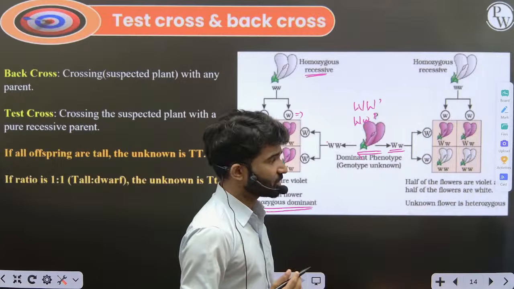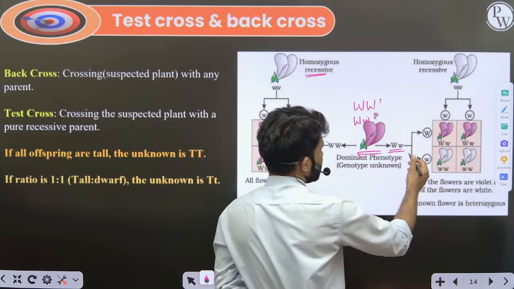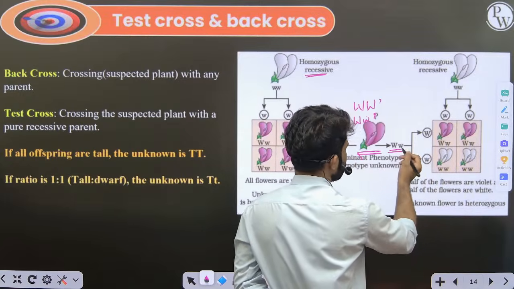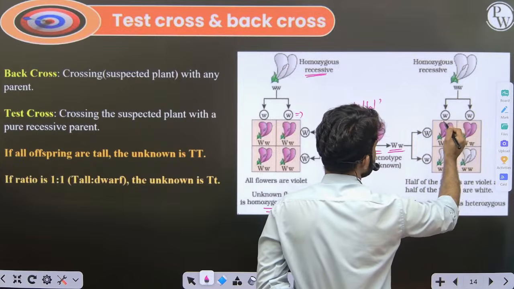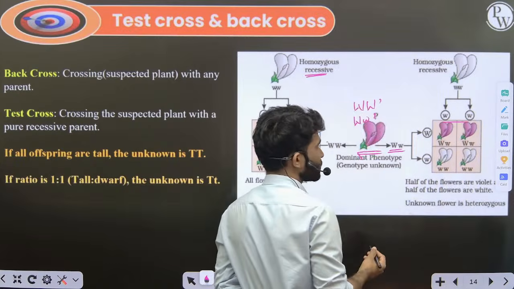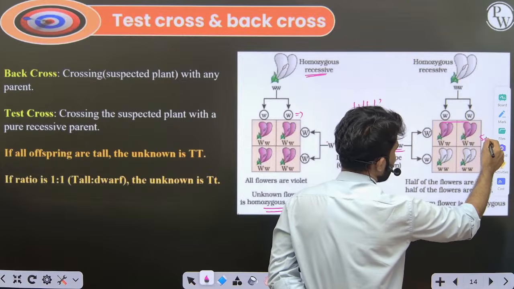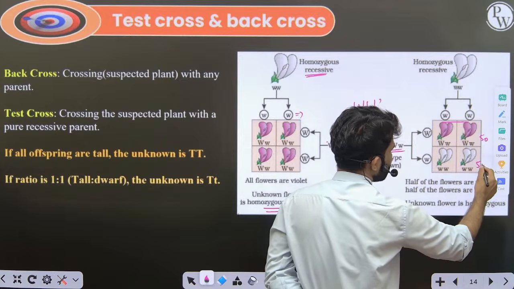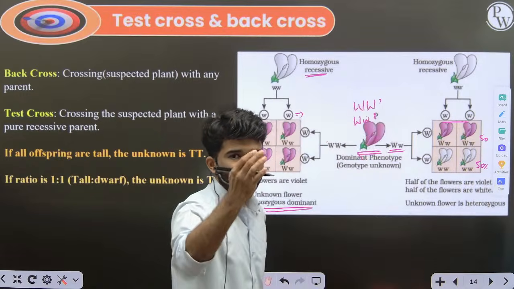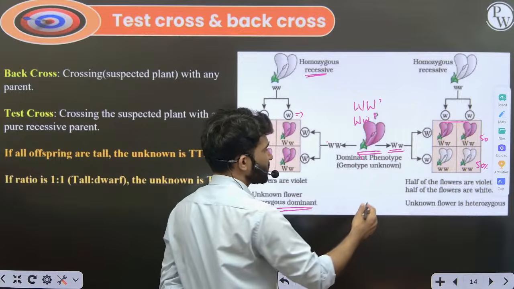If it has a heterozygous condition and we cross it with the recessive parent, we get 50% violet flowers and another 50% white. If you got both results, definitely it must be what?